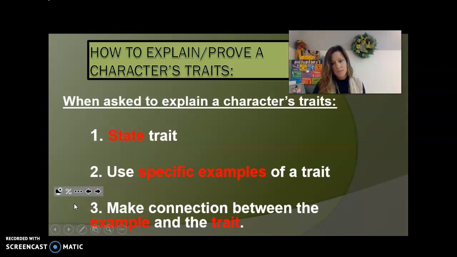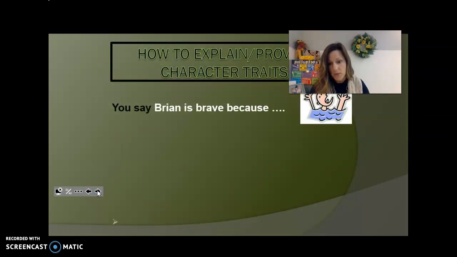This is how you're explaining your answer. So you're saying, this is the trait that I think this character has. This is why, because of the examples from the text, and then explaining how you know that example is true, okay? So we're going to make sure that we use those three ways to explain a character's traits when we do it.